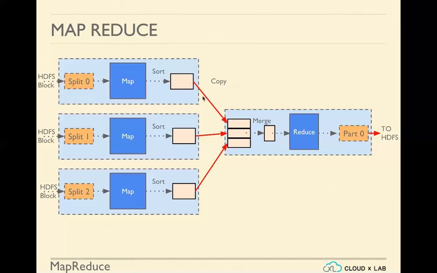We pick up the first record from all three, compare those three and pick up the smallest one. Then from the row from which we picked the smallest one, we pick the next one, and again compare and so on.